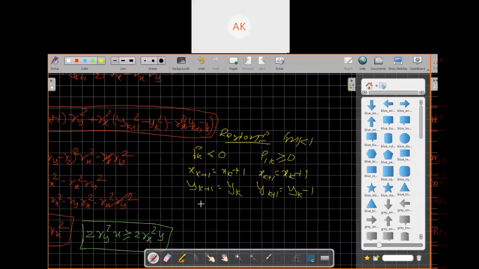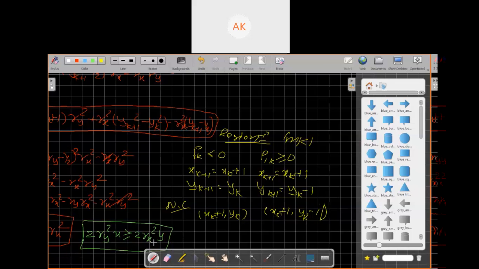So the next coordinate will be, if your decision parameter is less than 0, xk plus 1, yk. If your decision parameter is greater than 0, your next coordinate will be xk plus 1, yk minus 1. Okay, we have calculated the decision parameter for region 1, and this is checking this condition.